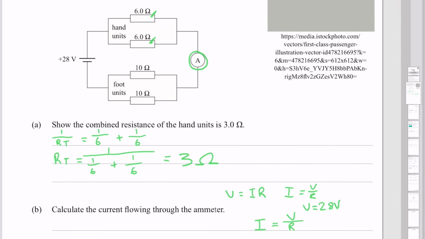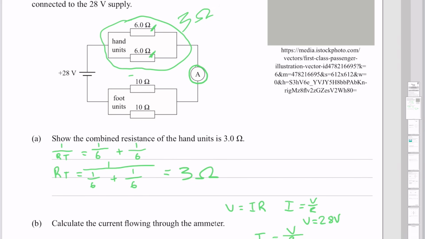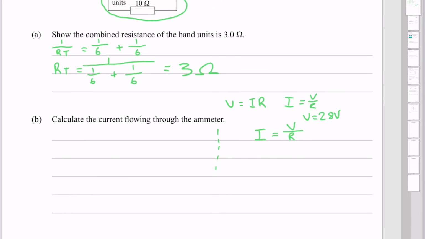What we found in the previous question is the resistance of this section here, which was 3 ohms. In order to find the total resistance of the entire circuit, we're going to need to do the same thing to our foot units here, and then add that resistance to our 3 ohms. So let's do that.